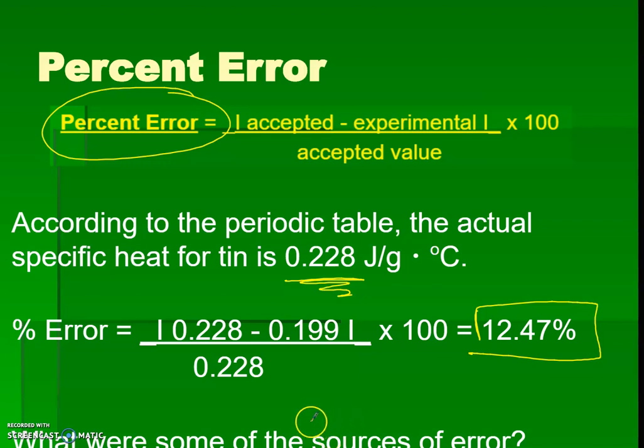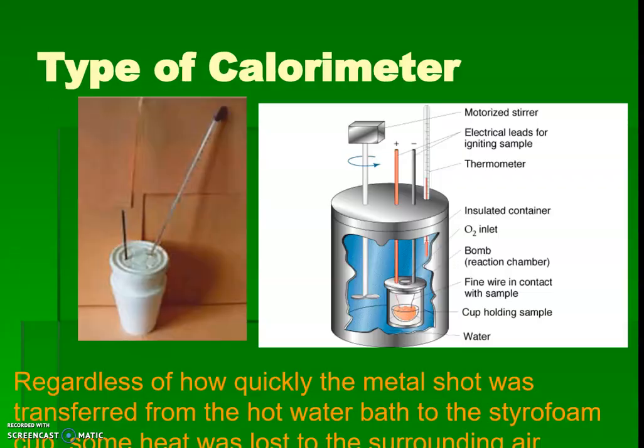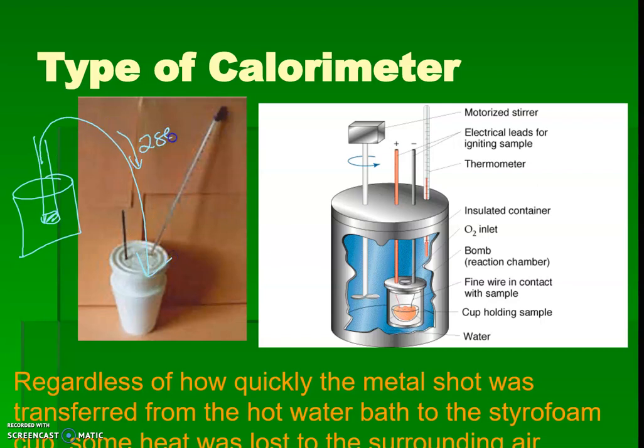So what were some of these sources of error? Most likely the error is going to be because of our calorimeter. I had this other beaker over here that contains our hot water bath with our metal inside of it, and then I had to pour it in here. Well, that 2 seconds that it took for me to do that is exposed to the air, and some of the heat is lost.